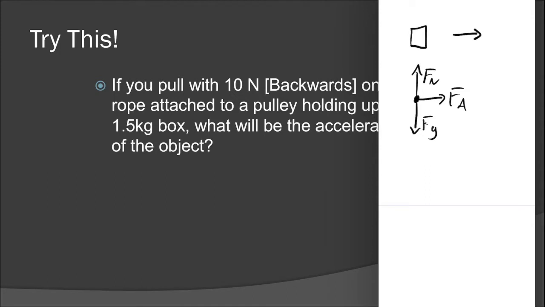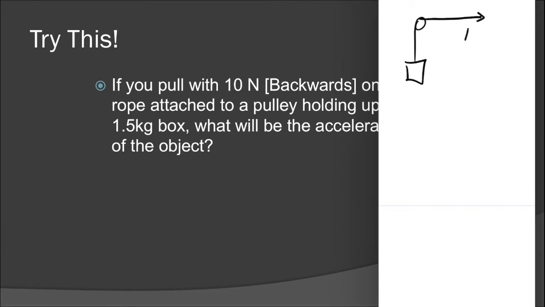But in this case, we have a pulley that is changing the direction of your force. So in this question, we have our box attached to a pulley being pulled with a rope 10 newtons backwards. What this does is it changes your free body diagram so that this force of 10 newtons backwards is actually pulling up on the box with the same magnitude, just a different direction.